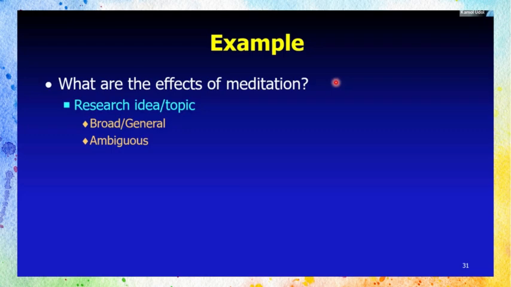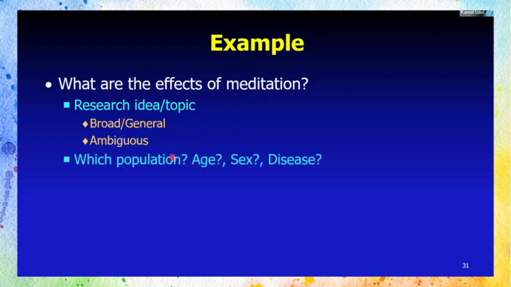What effects will it produce? But this question is still broad and general, and is still ambiguous. It's ambiguous in many ways. For example, which population are you focusing on about this meditation?